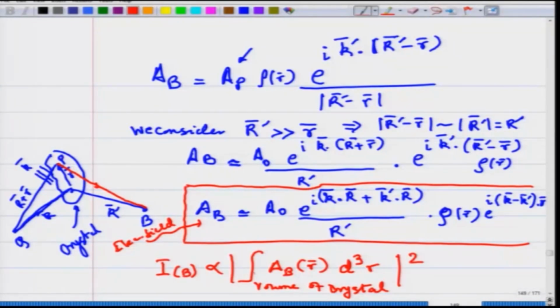This is the total amplitude which is reaching from different points like point P distributed all across the crystal. So, I will take an integral of it integrated over the volume of the crystal, and square of that will give me my intensity. So, my intensity at point B is now related to this.